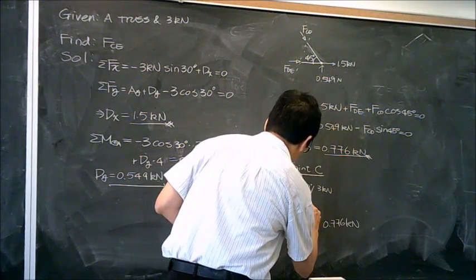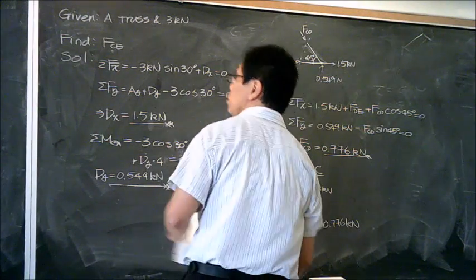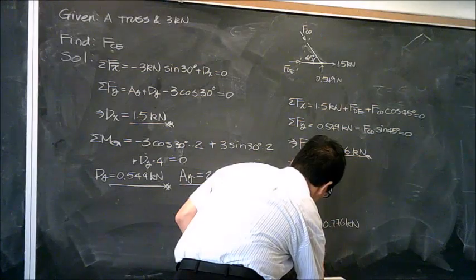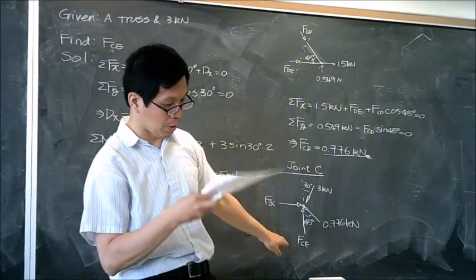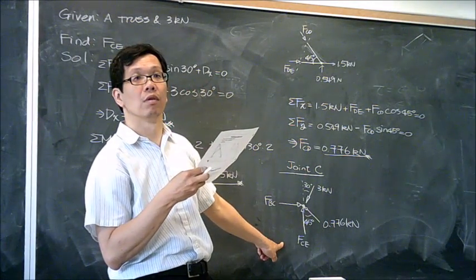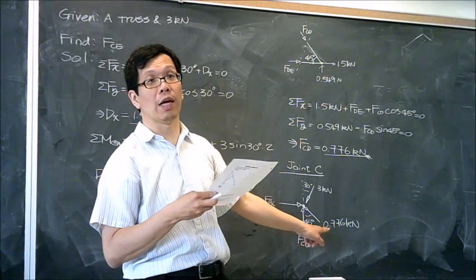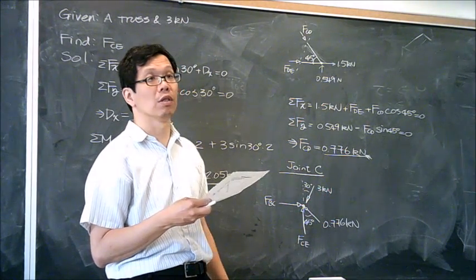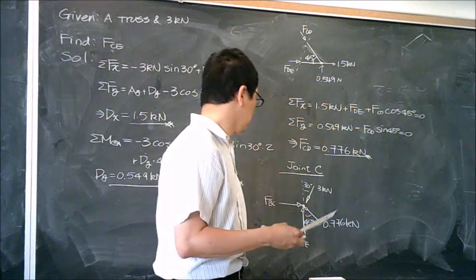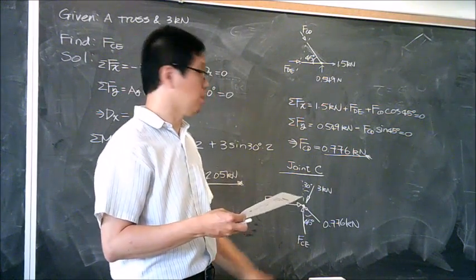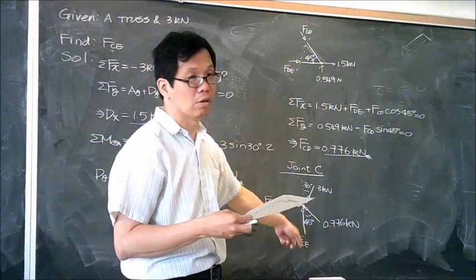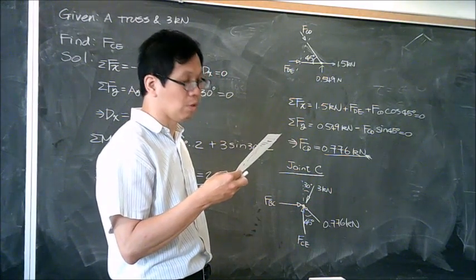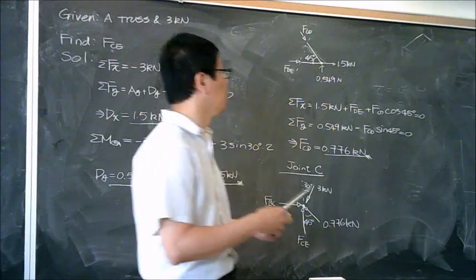You also have another force from CE. This is something we are interested in. So, how many unknowns do I have here? 2. How many equations do I need to deal with? 2. Because FBC is horizontal, FCE is vertical, what you really need to deal with is only a single equation, which is y.